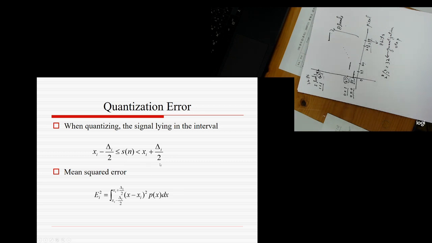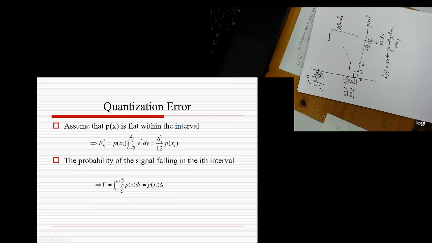So for this range, if we calculate the distortion, we take the input data minus your represented quantization level, and also consider each data's appearance probability, which we call P of S. So we are trying to integrate their distortion, so you can calculate the mean square error over this range. This is for this specific quantization level, E i.